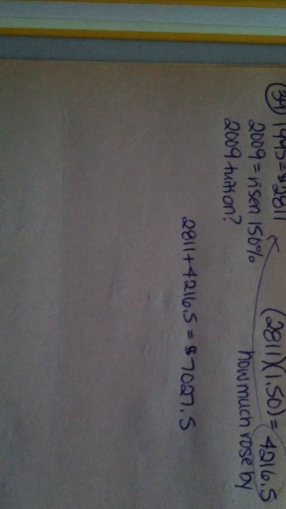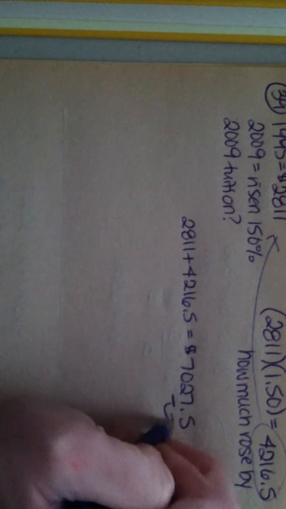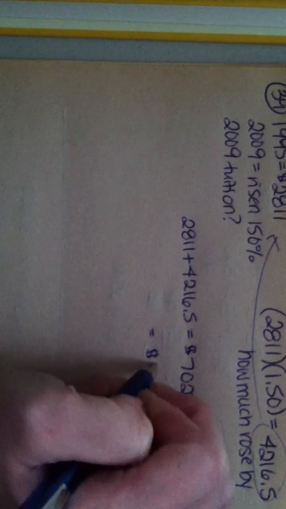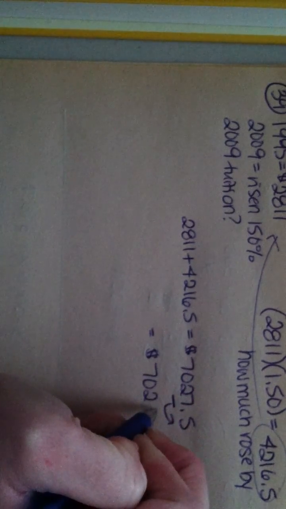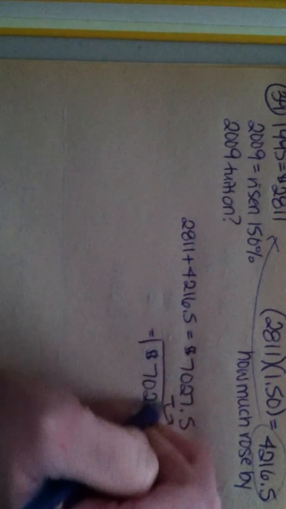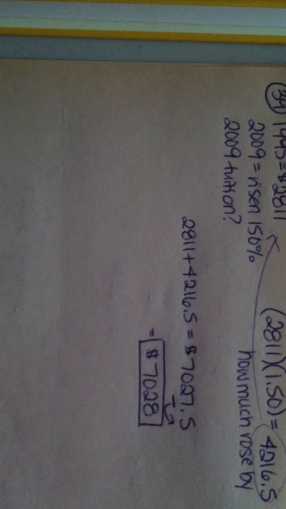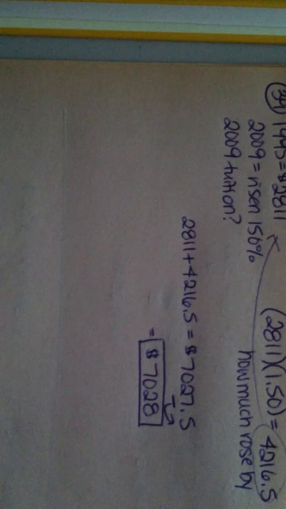The question says to the nearest dollar, so I have to round to the nearest dollar. So in the end, the tuition in 2009 was $7,028, which is the answer you see on your slides.